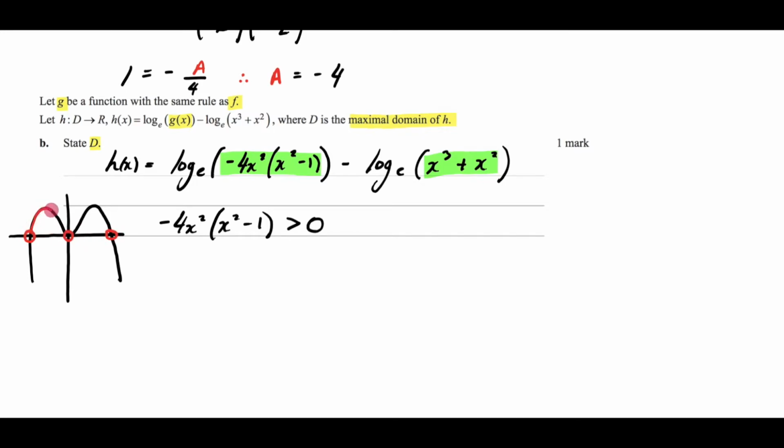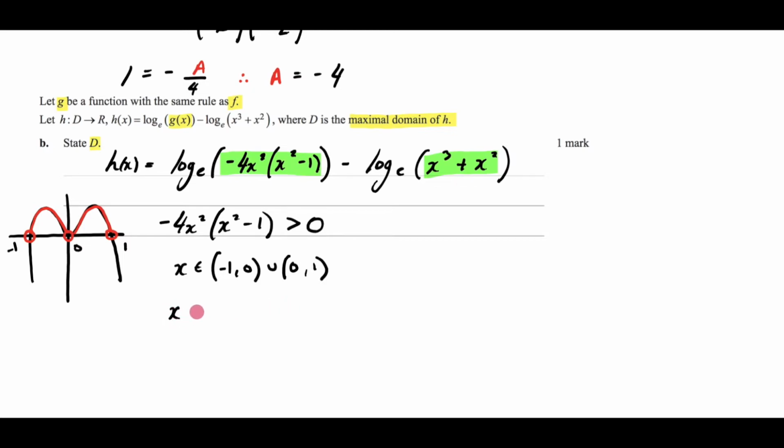It's going to be up, down, like that, which means this is negative 1, this is 0, this is 1. It's going to be negative 1 to 0, the union of 0 to 1. Be careful of your brackets there, so that you don't mess it up.